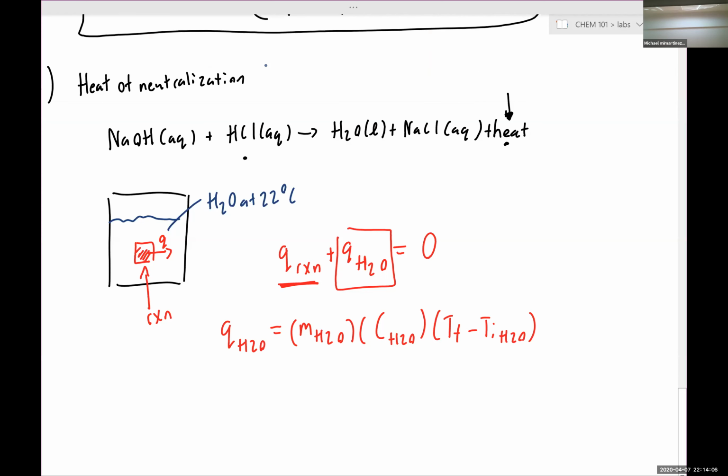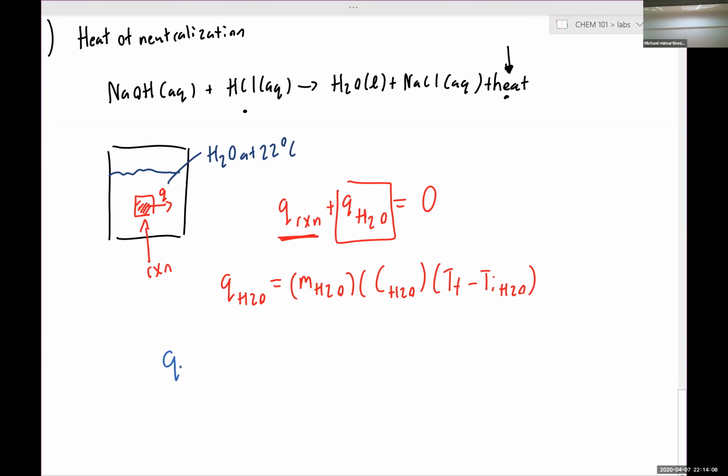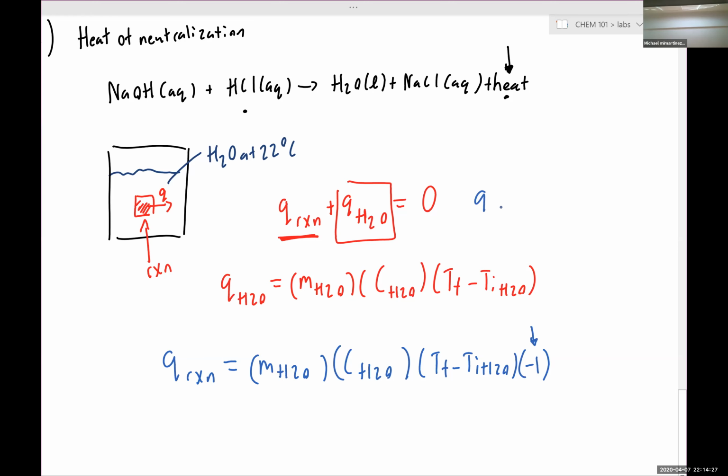So if we plug this all in, we get that the heat of reaction is equal to the mass of water times the specific heat of water times T final minus the T initial of water times -1. And don't forget this part, because remember, Q reaction is negative Q water if we're solving for the Q reaction.